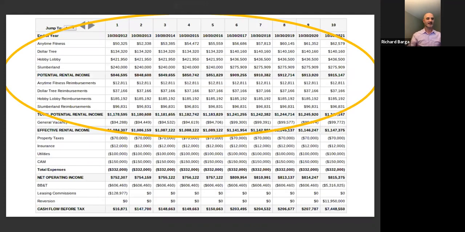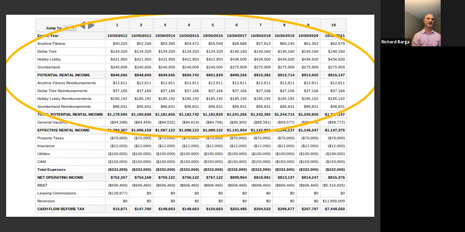So that big complicated spreadsheet that you were just looking at is called a pro forma. A pro forma is a chart that can predict what is going to be the money that you are going to make off of your real estate project monthly, annually, and year after year, so that investors and bankers can feel confident in giving you this money.